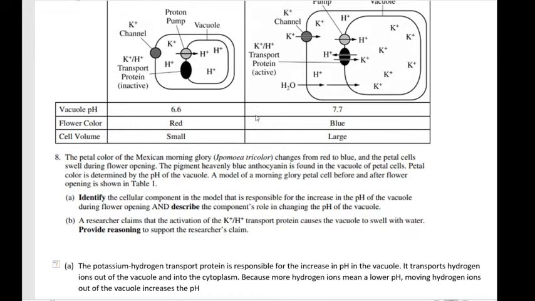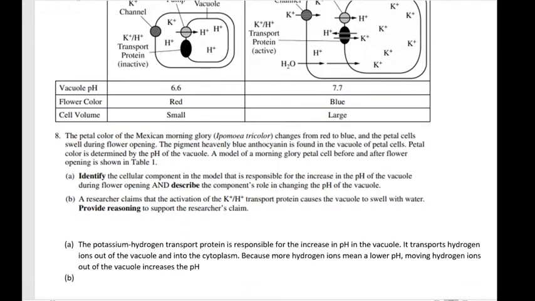So with this one, we have an increase in the concentration of potassium, which is a solute. And when the solute concentration increases, that decreases the water potential, and that will lead to water flowing into the cell and into the vacuole. So that is what's going on there.